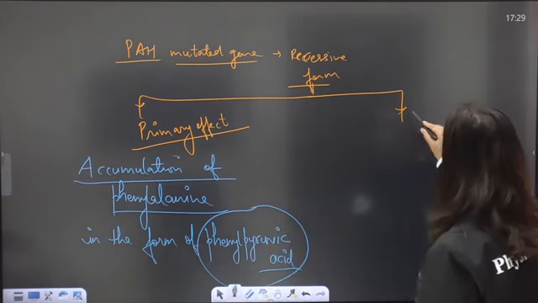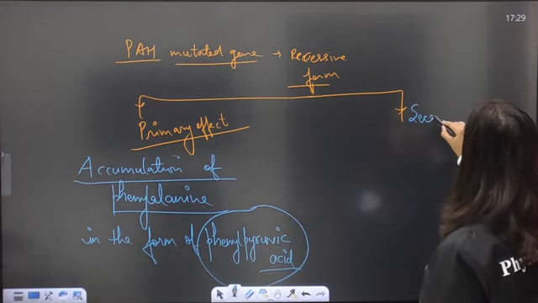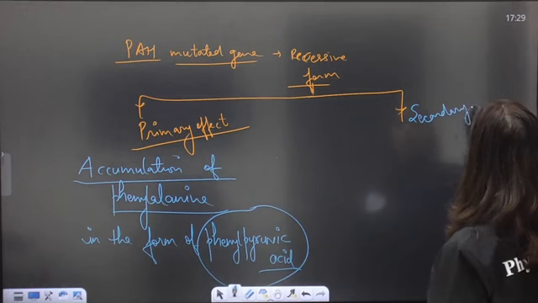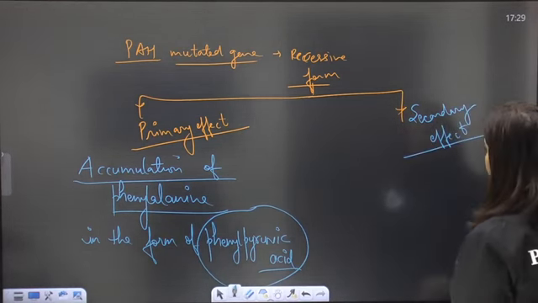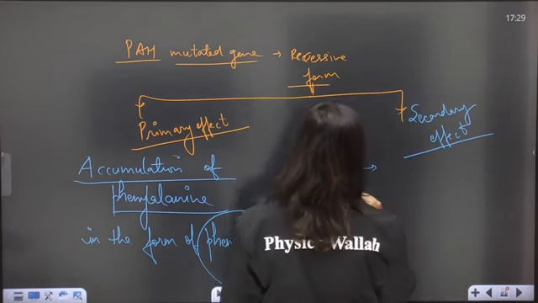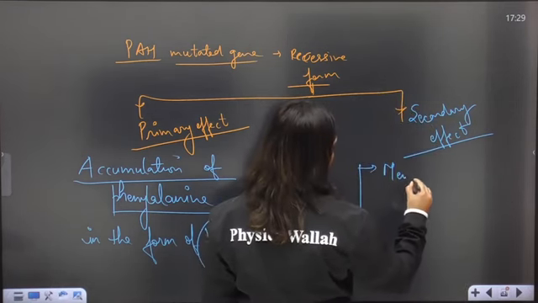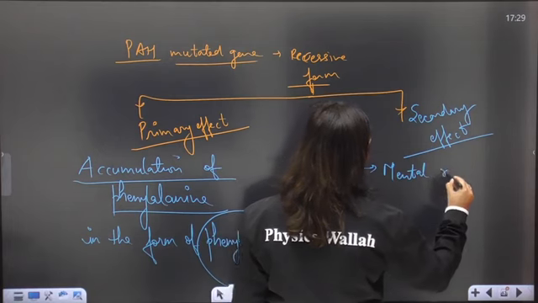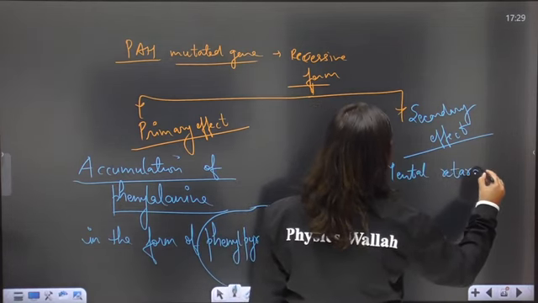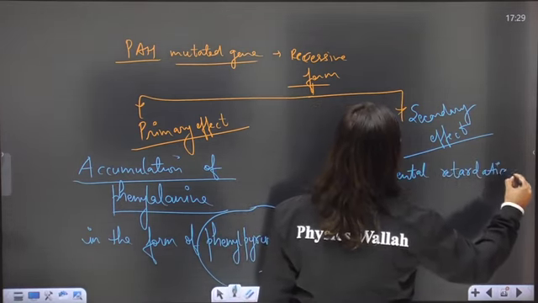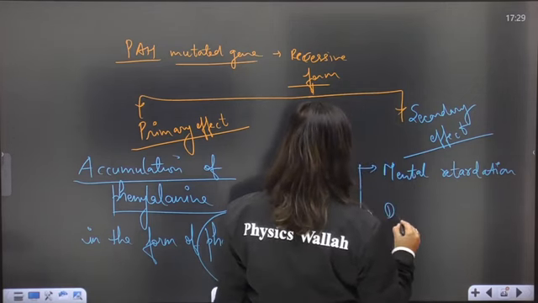And what is the secondary effect of this mutated gene? The secondary effect is mental retardation and depigmentation in skin and hair.